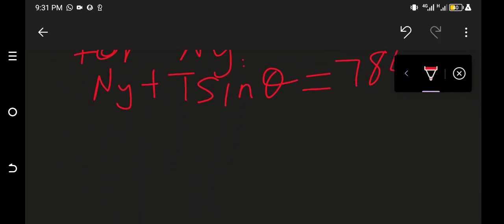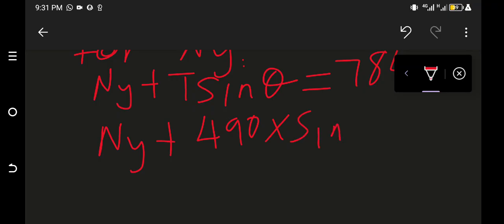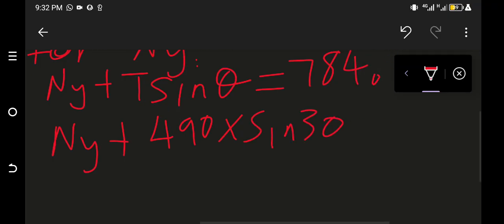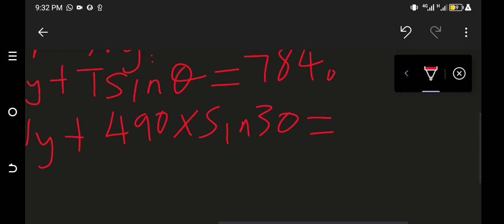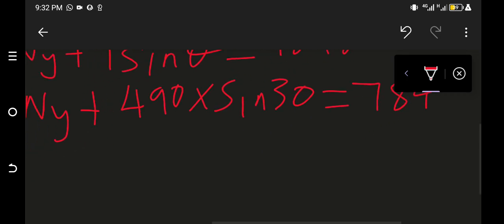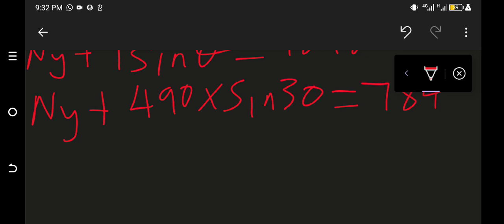Ny plus our tension, 490, multiplied by sine 30, is equal to 784. So 490 multiplied by sine 30 gives us 245.